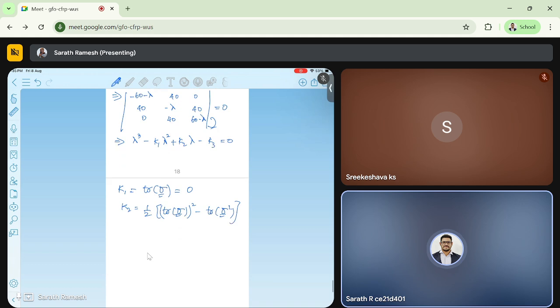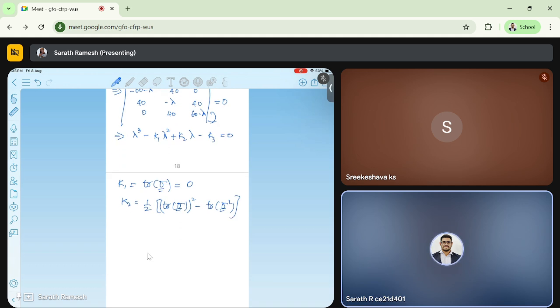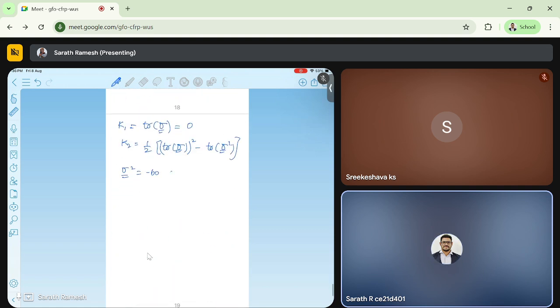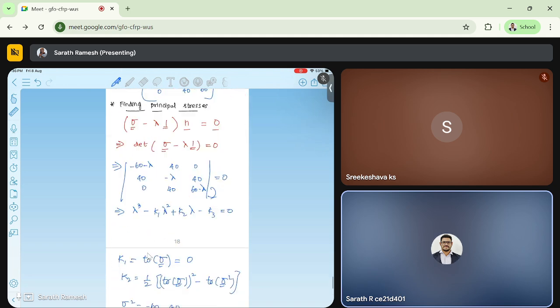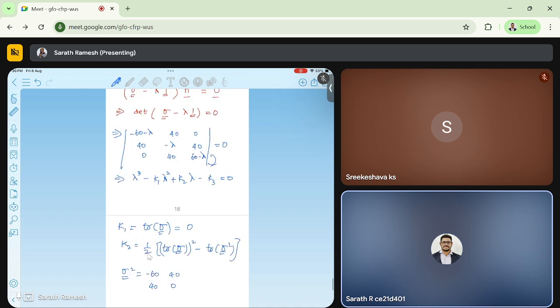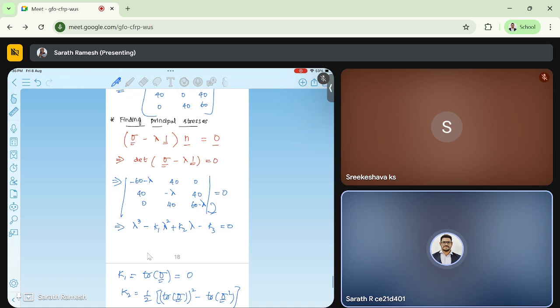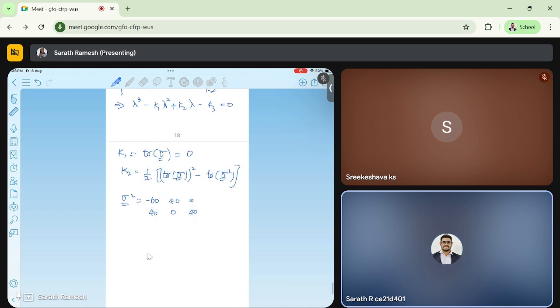The trace of sigma the whole square is 0. For the trace of sigma square, we have to find sigma square, which is the matrix minus 60, 40, 0; 40, 0, 40; 0, 40, 60 times the same matrix.